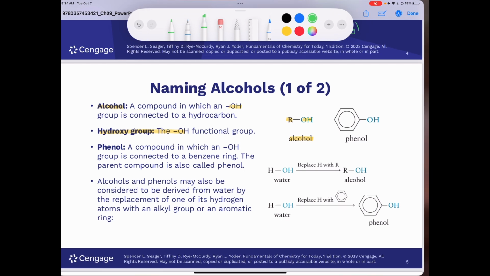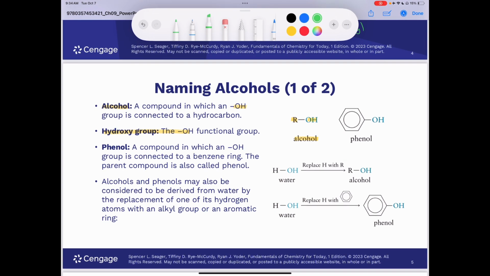But if instead of an alkyl group, you have an aromatic ring with a hydroxyl group attached to it, that is what we call a phenol. So a phenol is when your hydroxy group is attached to an aromatic ring. If it's attached to an alkyl group, we call it an alcohol.